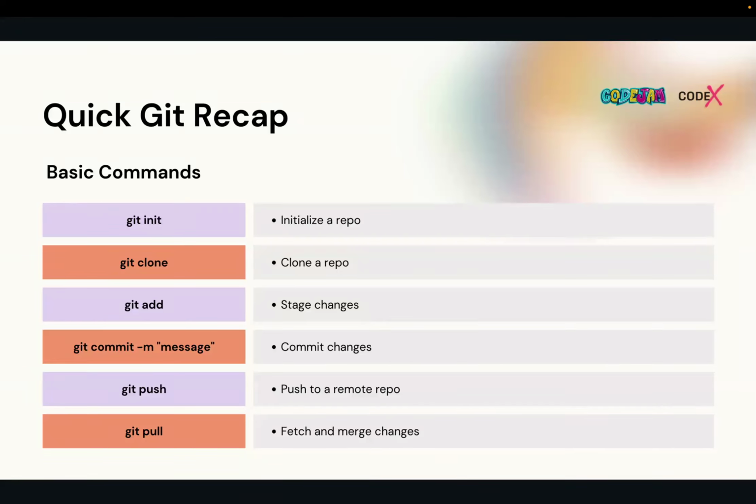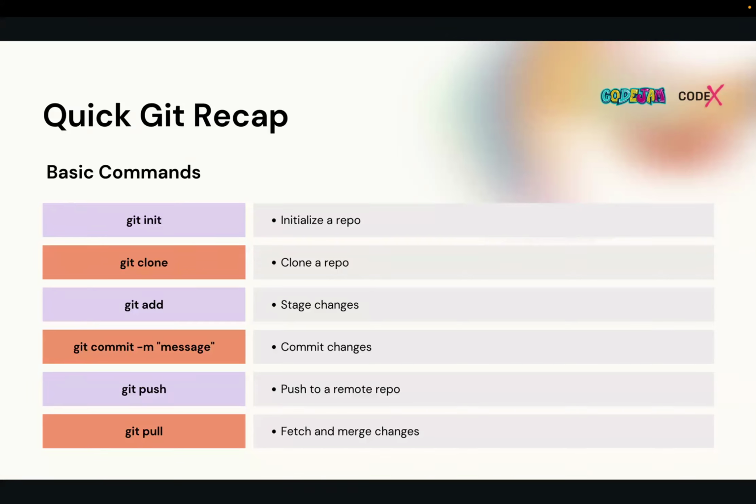That means from that point onwards, we are going to keep track of the history of that particular directory. We execute the git init command to make it a git repository, enforcing version controlling on that directory. Then we have git clone.